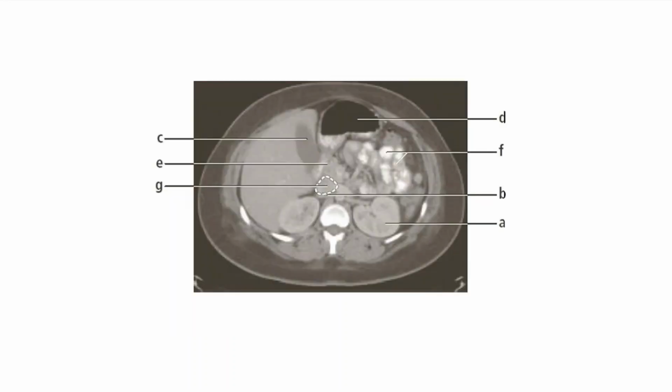Now let us mark the structures in the CT scan. A is left kidney. B is right renal artery. C is gallbladder.